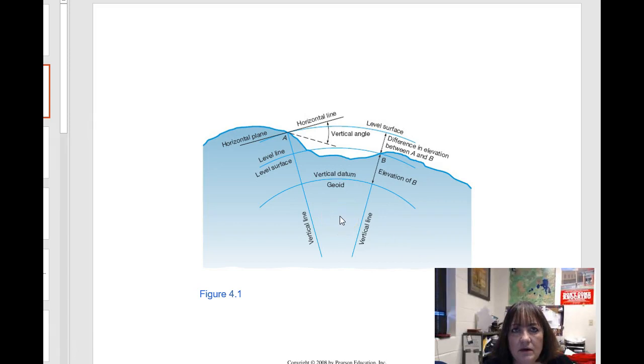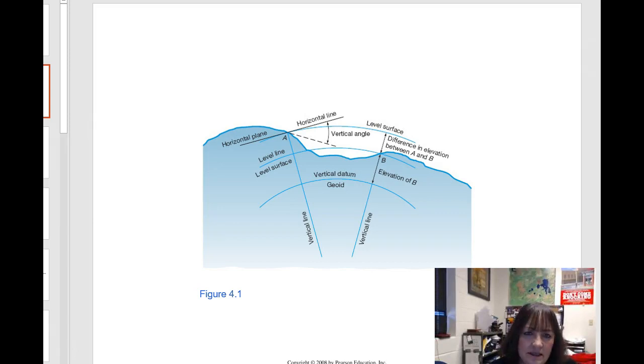So when we say that a place is at a certain elevation, let's just talk about Lake Powell.